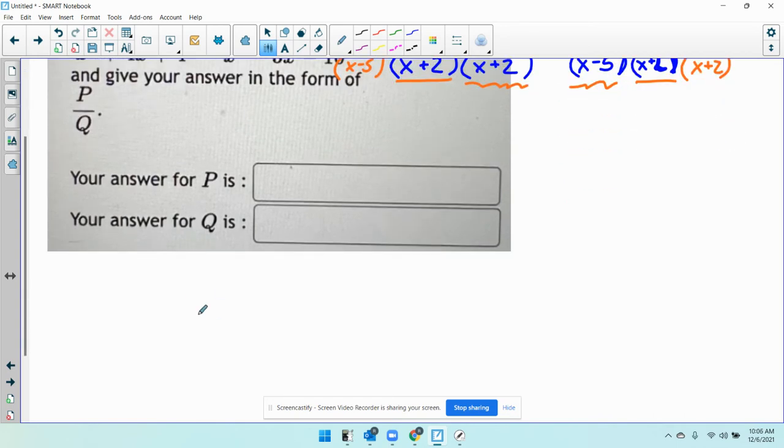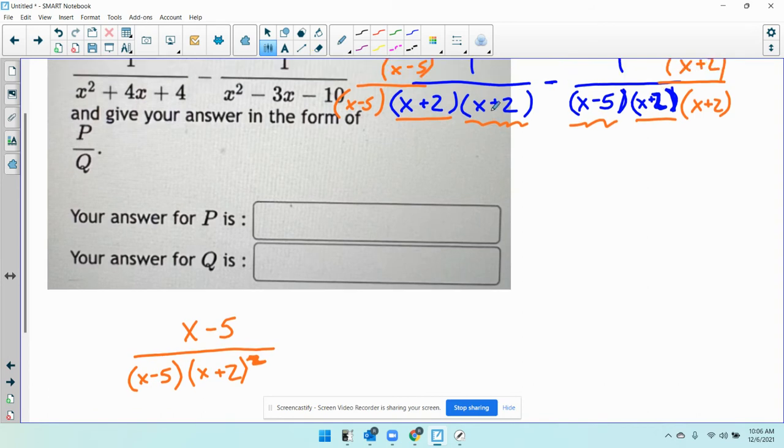So this first one becomes x minus 5 on the top over all that stuff. I'm going to write it like this. x plus 2 times x plus 2 is just x plus 2 squared because it's multiplied twice.